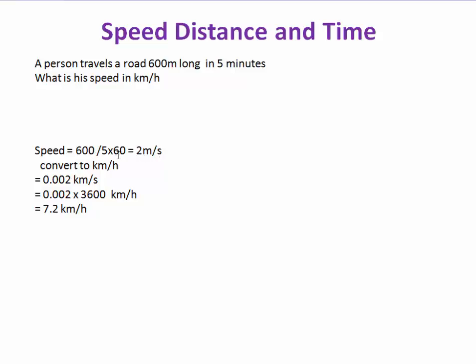Now we want to convert this into kilometers per hour because that's our preferred units. So we convert the meters to kilometers by dividing by 1,000, which is 0.002, and the seconds into hours we multiply by 3,600, and we get 7.2 kilometers per hour.